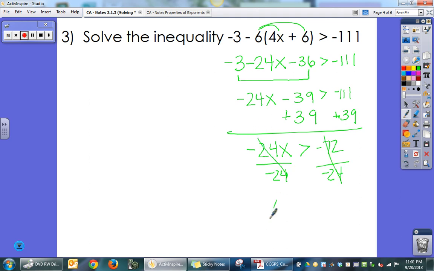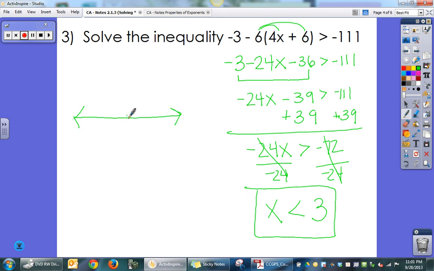But remember that my inequality has to switch directions because I divided by a negative. So there's my inequality, my number line, and I want values that are just less than, not equal to. So open circle and arrow to the left.